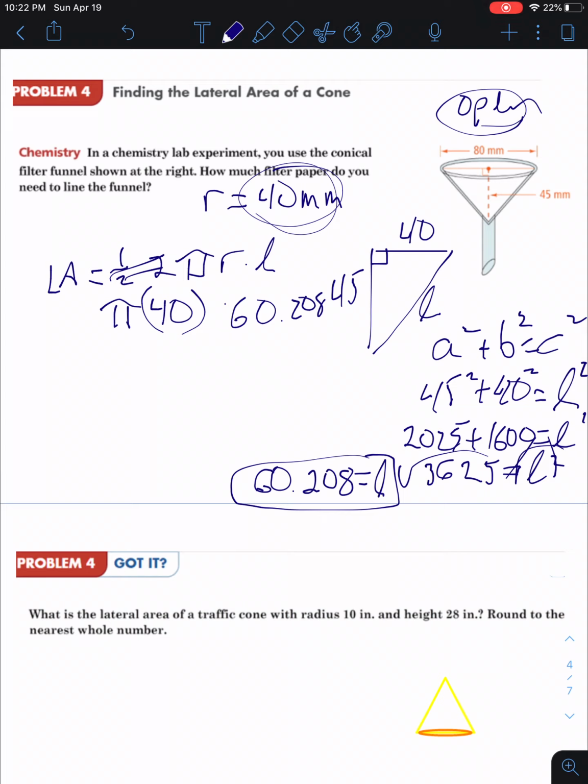If we take that out, 40 pi times 60.208, that's going to give us the LA is approximately 2,408 to the nearest whole number, or 2,408 pi millimeters squared. That'd be the nearest whole number.